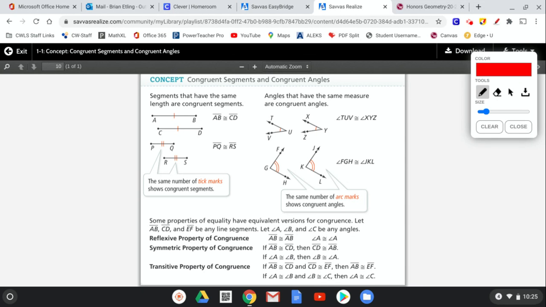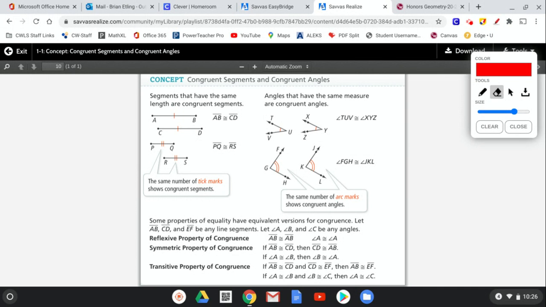If you look on here, we have AB and CD. It has those two tick marks, so they are congruent. That just means if AB is 5, then CD is going to be 5.